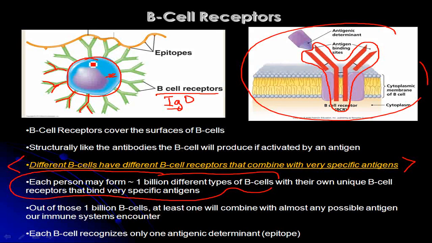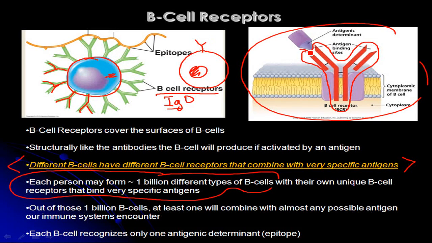So this little B cell here, all of its B cell receptors might bind an epitope of an HIV antigen. Then you got another B cell over here, and all of its B cell receptors are going to bind to one epitope on a Salmonella enterica bacterium surface, etc. Okay? So one B cell is not going to have receptors that bind to multiple different types of antigens.